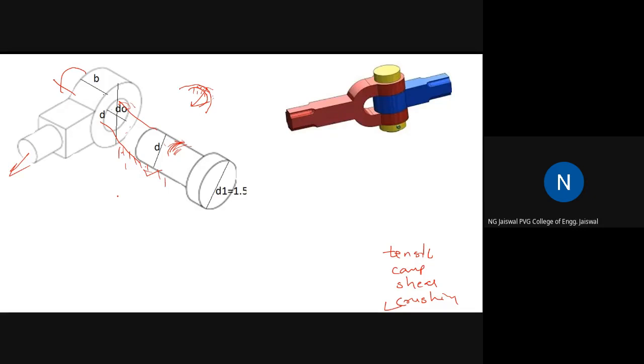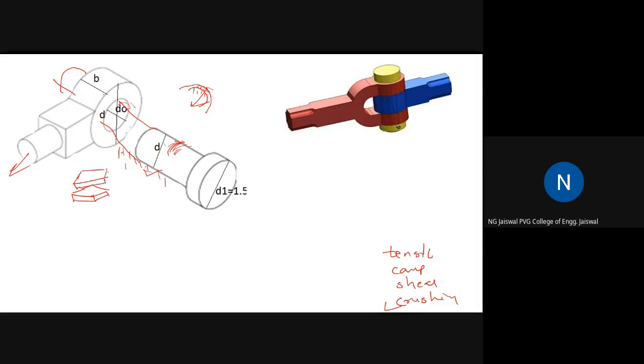Now if you want to write down the equation for crushing, one thing we have to take care of in crushing. I will give two different equations for two different situations. Say this is one plate, and this is another plate.